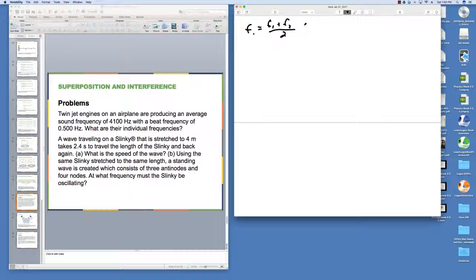And the beat frequency FB is going to equal F1 minus F2. So F is equal to the average plus FB divided by 2.